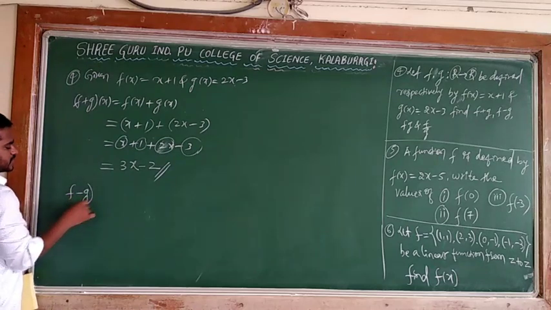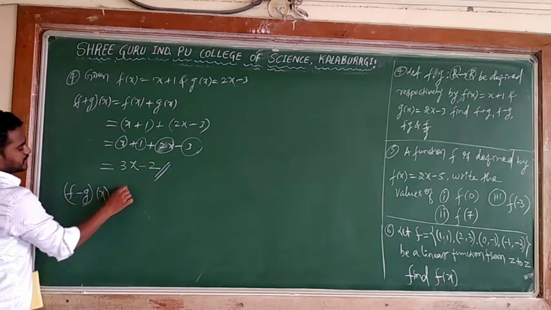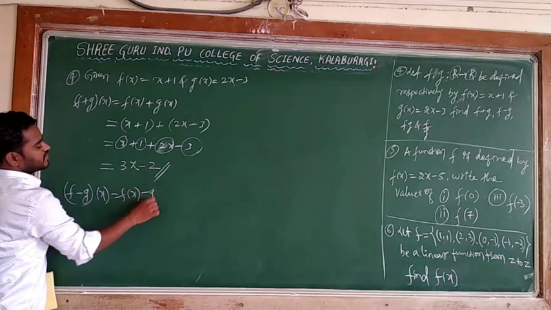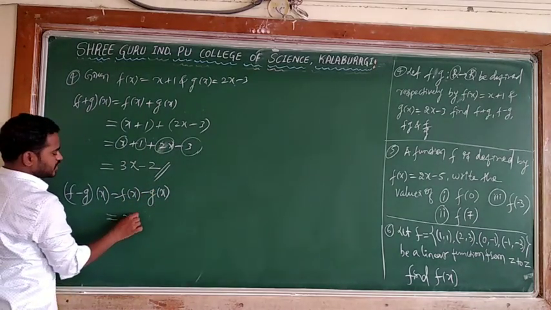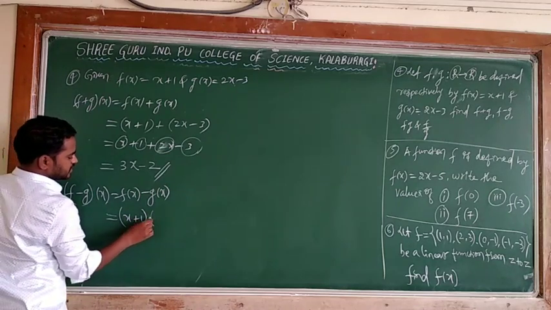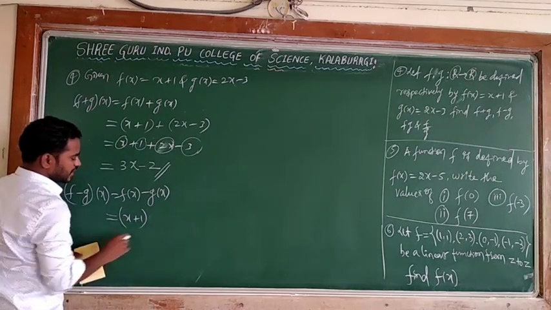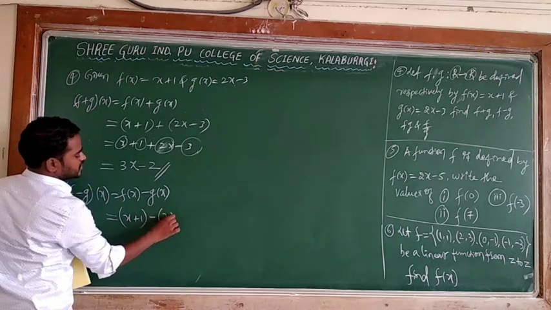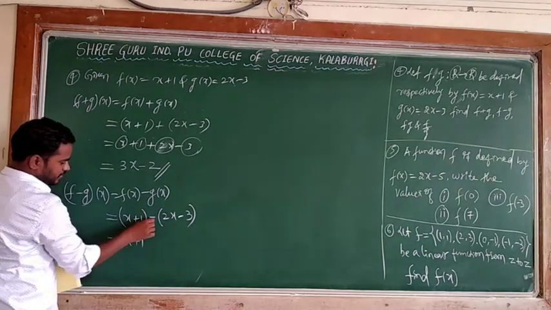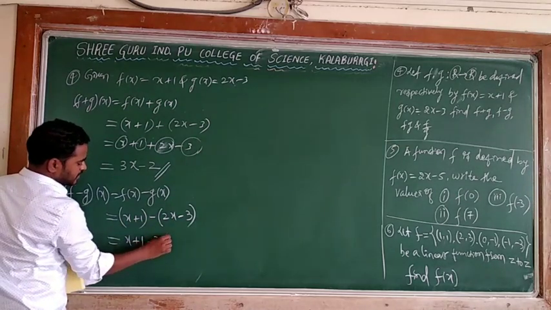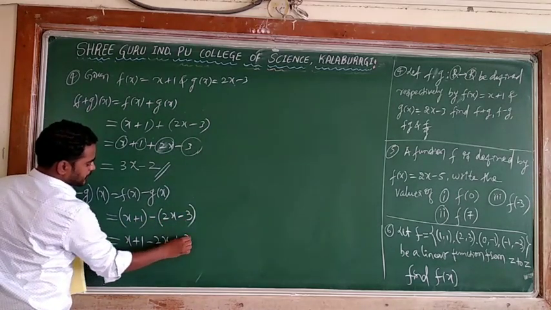And subtraction. F minus g, f of x minus g of x. What is f of x? F of x is x plus 1. Minus, you take the minus in the middle and take a bracket, compulsory. 2x minus 3. Open the bracket. I can say x plus 1 minus 2x, minus into minus, plus 3.